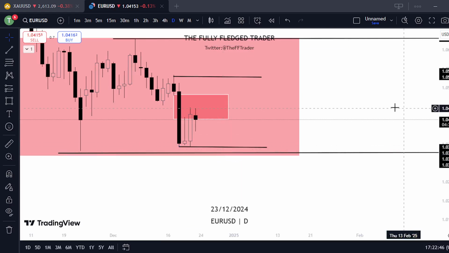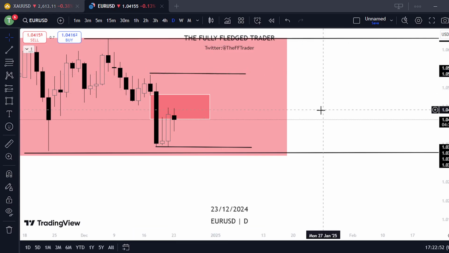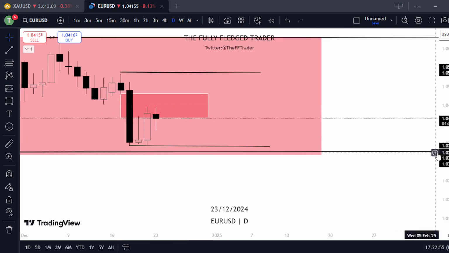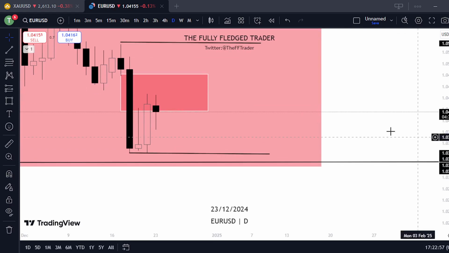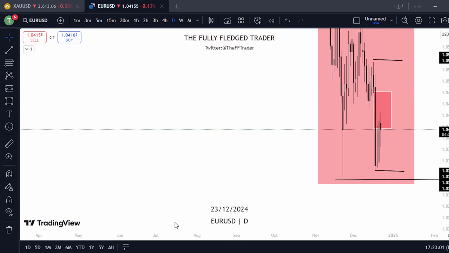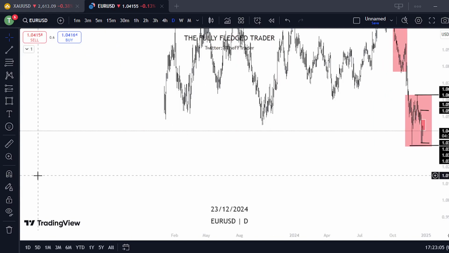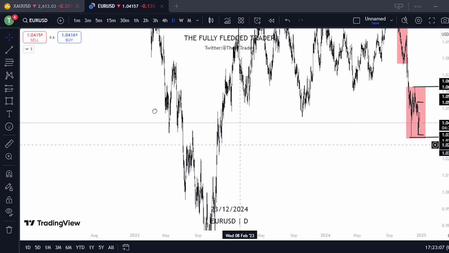So I'll be expecting to see price move lower explosively, reaching into that inefficiency or that old low there. Let me just zoom out a little bit.